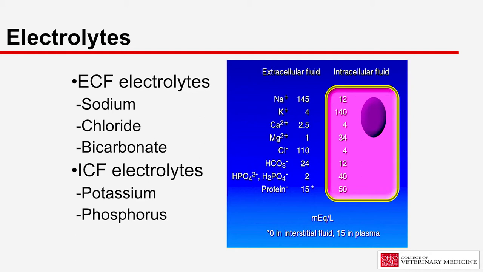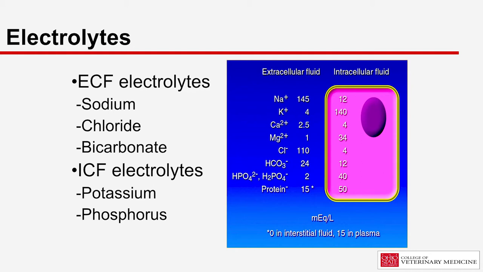So for certain electrolytes, like sodium and chloride and bicarbonate, those concentrations that you get on your biochemical profile resemble very much what's in extracellular fluid because you're basically sampling extracellular fluid. However, for two of the electrolytes, potassium and phosphorus, you'll notice that they are primarily intracellular electrolytes.